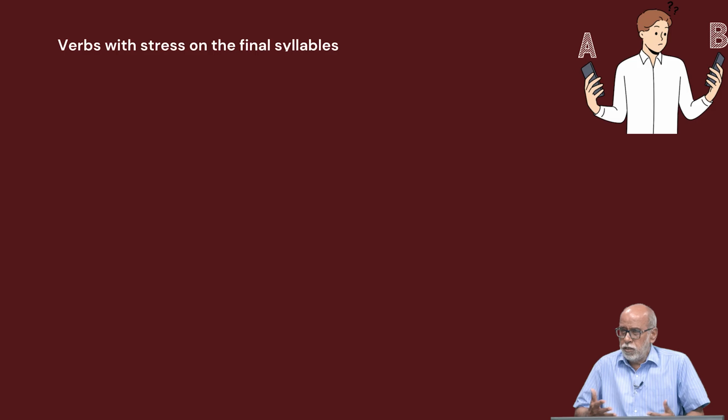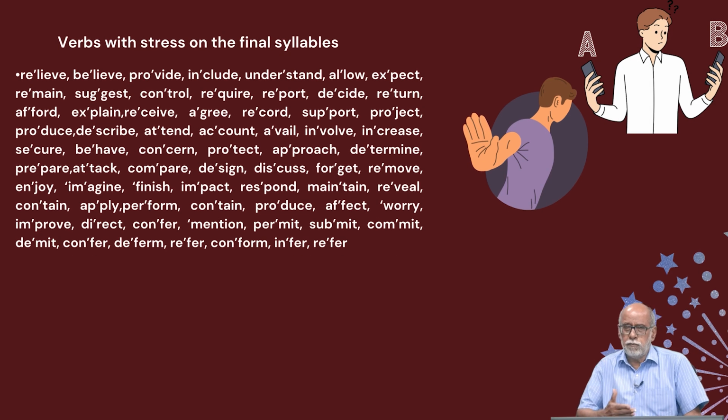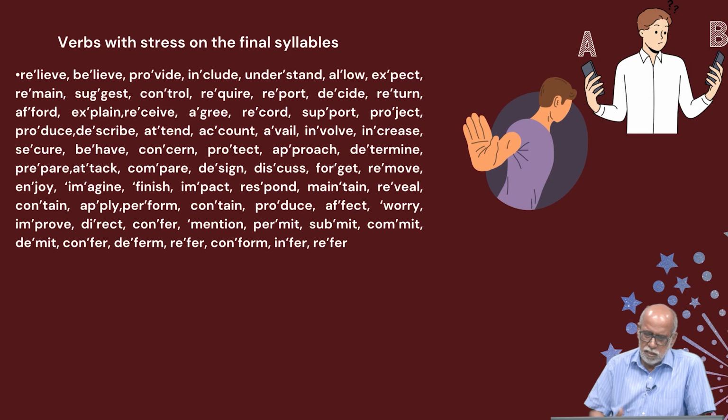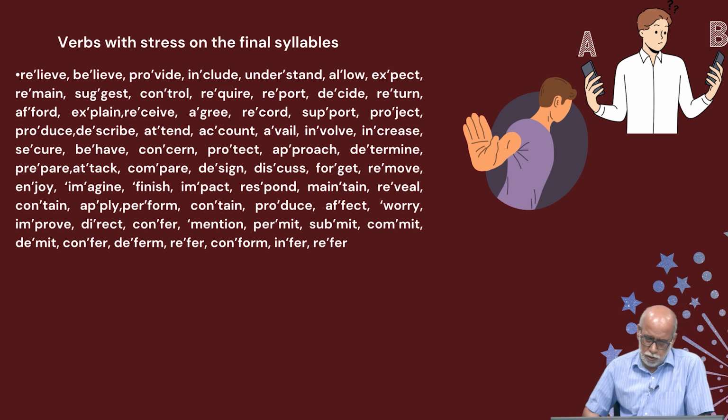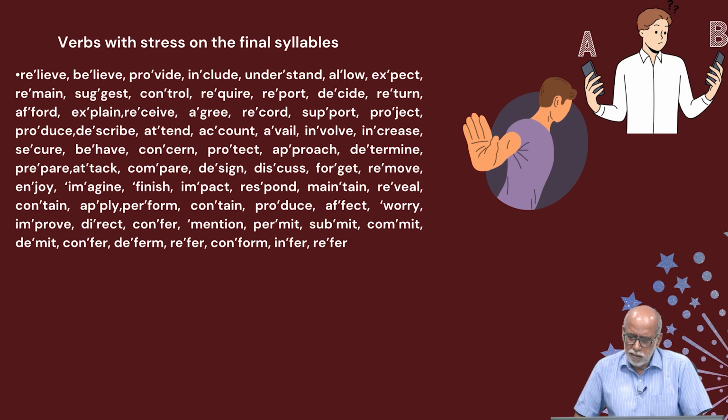And once again, they are not difficult to acquire or to relearn. Just need some practice in the following manner. You can go any way, which way you like. Just make a list of those words that you use frequently and see if they are already all right. Otherwise, check with the dictionary, and you will know if you are doing them right or there is deviation. If there is deviation, do as the dictionary says. Here we go. Relieve, believe, provide, include.